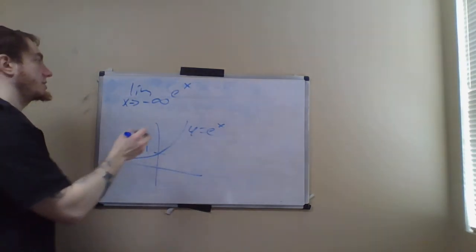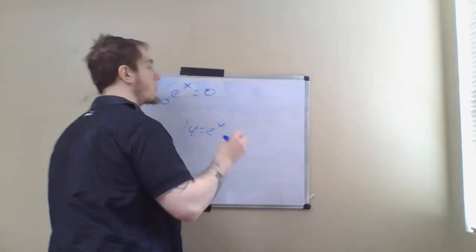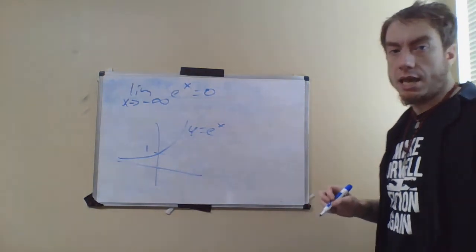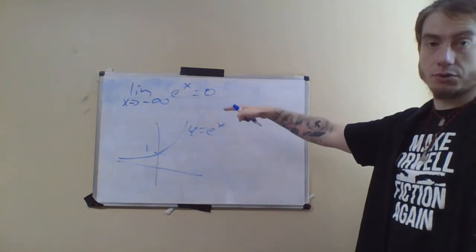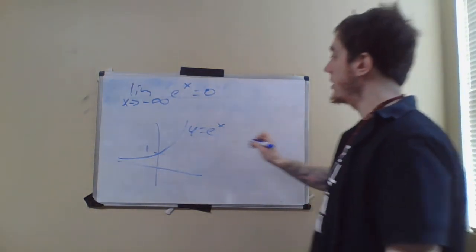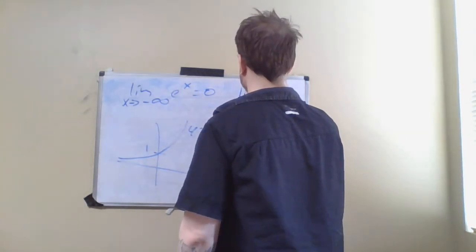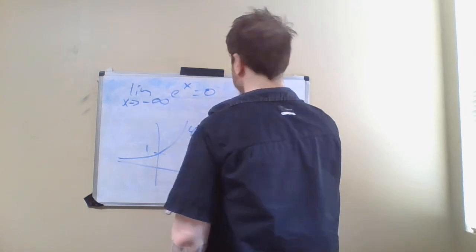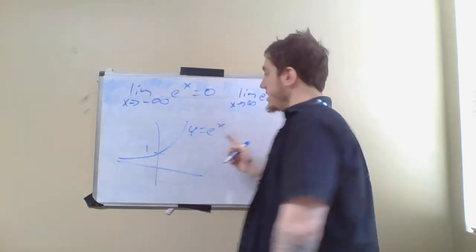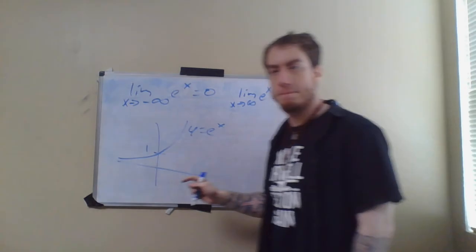As I go off towards the left here, I approach a horizontal asymptote of 0. And so this limit, as x goes towards negative infinity, will be 0. As I go off towards the right, this is growing and growing and growing, so this is going to be an infinite limit at infinity.